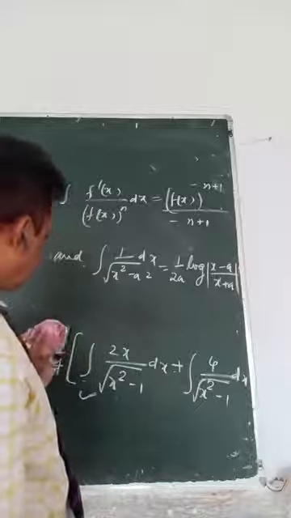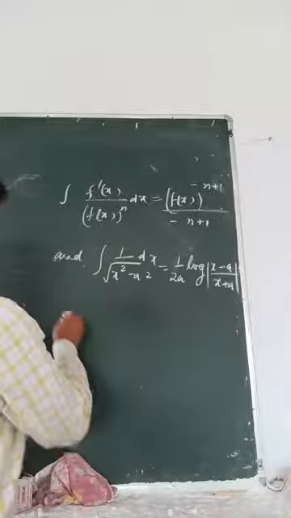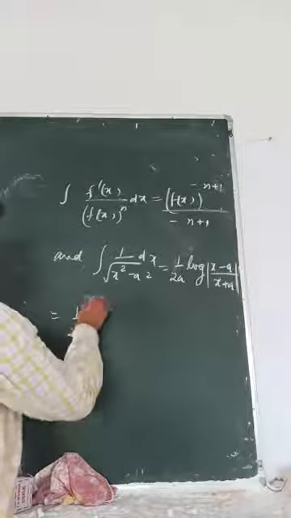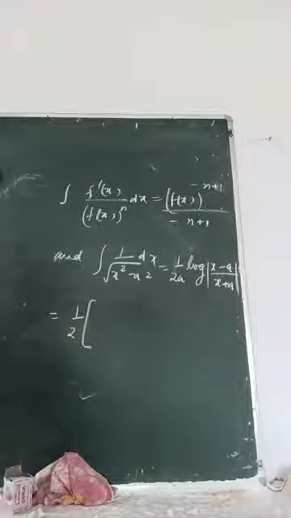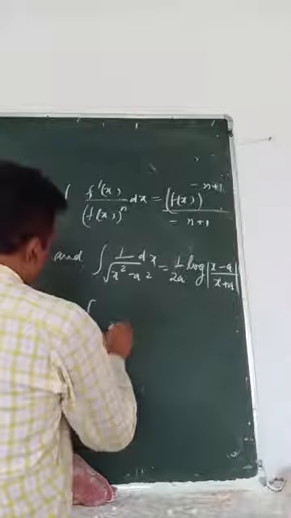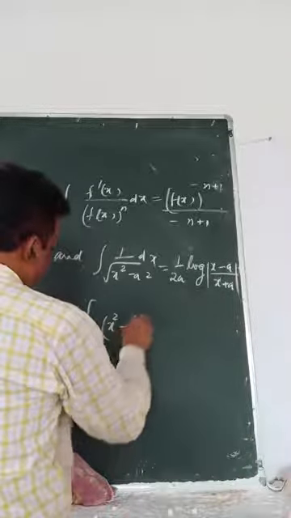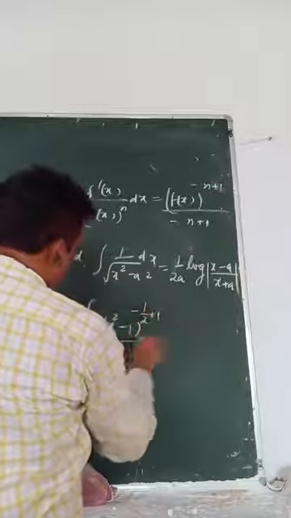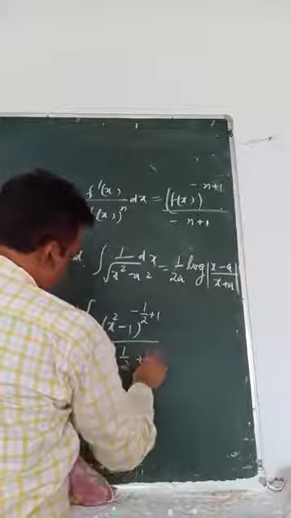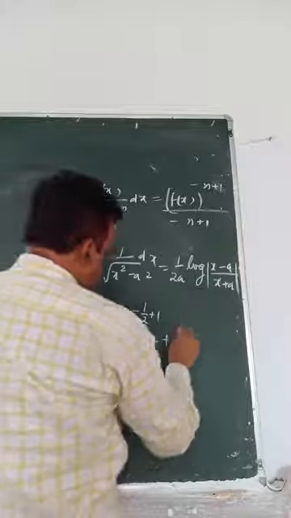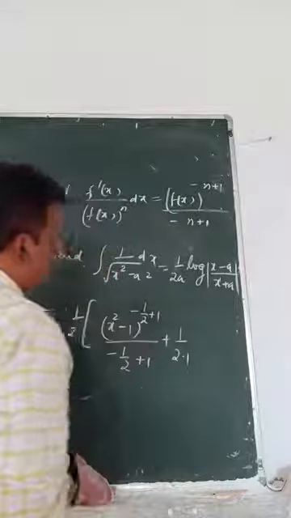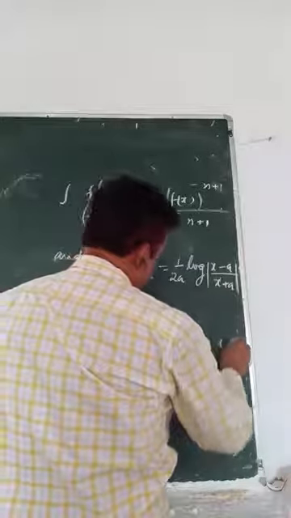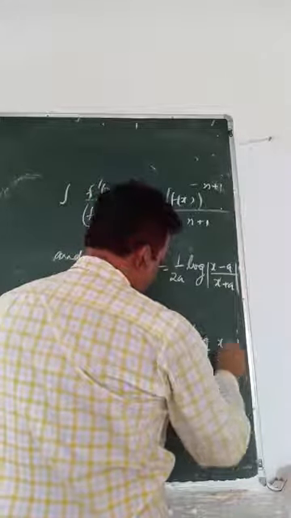So what is our conclusion now? 1 by 2, x square minus 1 to the power minus n plus 1, that is minus half plus 1, plus 1 by 2a, a is 1, log x minus 1 by x plus 1.